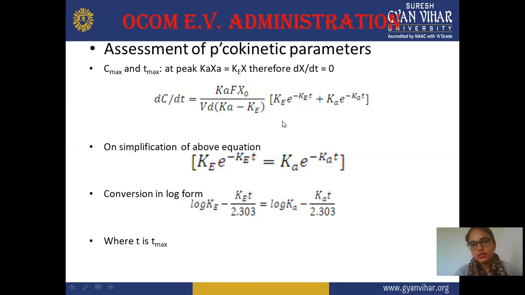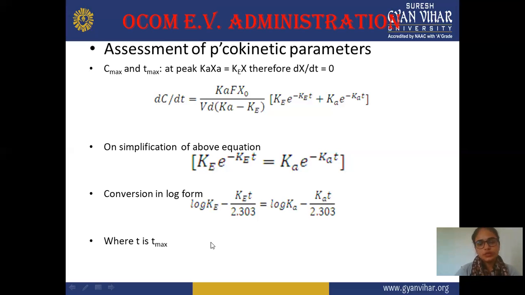So this is the equation in pharmacokinetic assessment form, and when we simplify it, we get Ke e to the power minus Ke t is equal to Ka e to the power minus Ka t. When we convert this equation into log form, applying the log, this gives log Ke minus Ke t divided by 2.303 is equal to log Ka minus Ka t divided by 2.303.